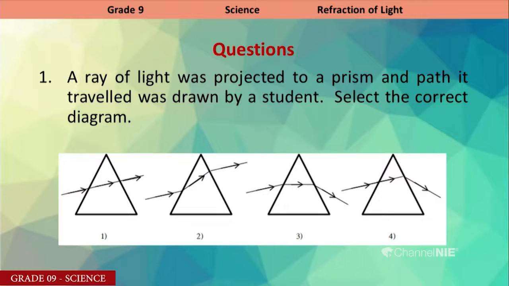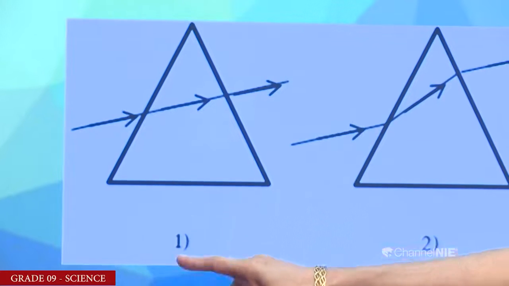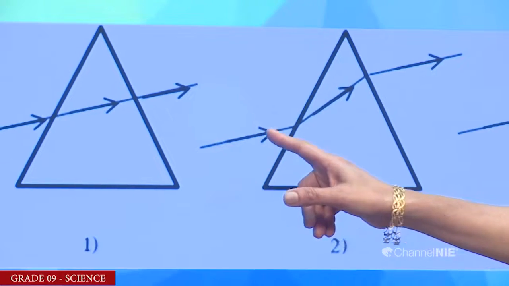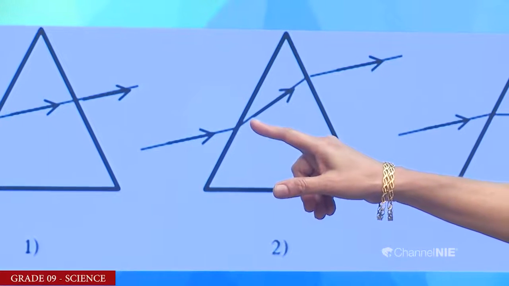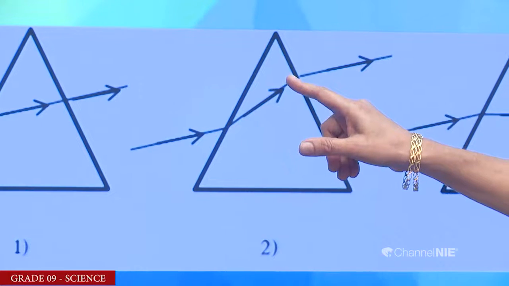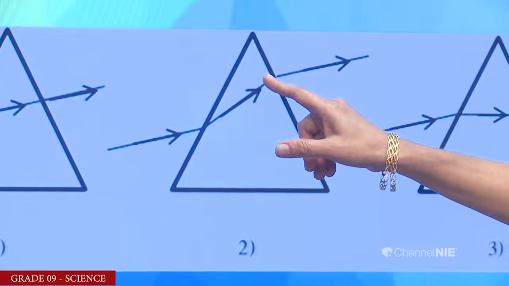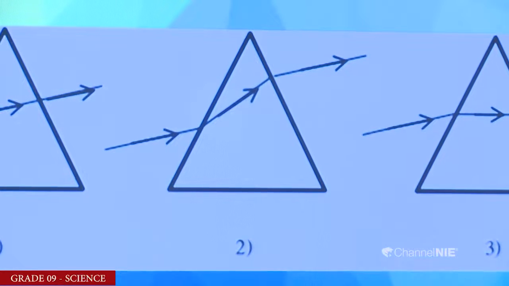No. Now you know the light ray is bending here. So, answer 1 is wrong. Here, this is the incident ray. If you draw the normal like this, you can see the refracted ray is bending away from the normal. So, can it happen? No, it should bend towards the normal. So, this is also wrong.